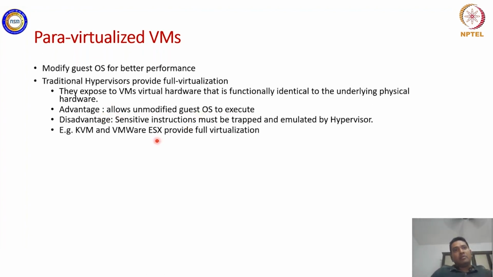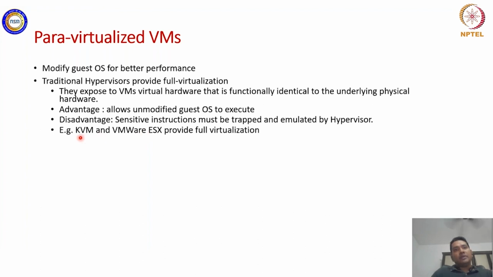But the disadvantage of this kind of hypervisor is that sensitive instructions must get trapped and emulated by the hypervisor. And trapping and emulating all the sensitive instructions coming from your guest OS will cost resources.